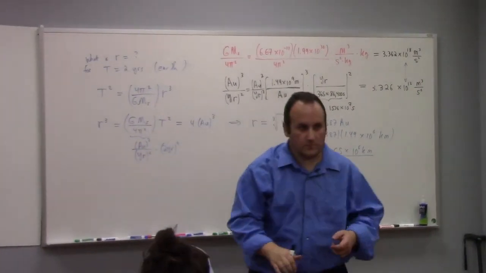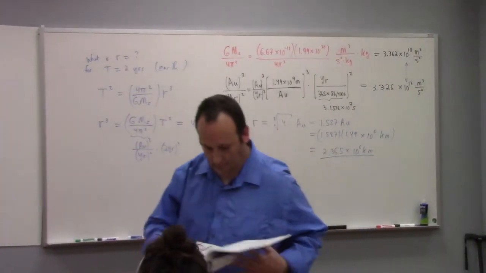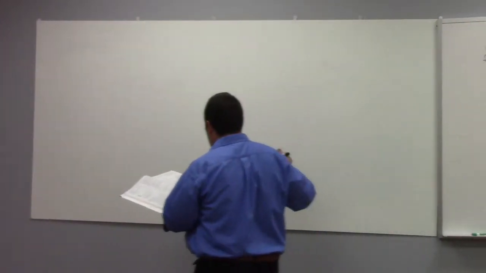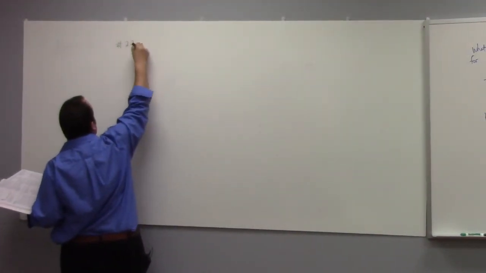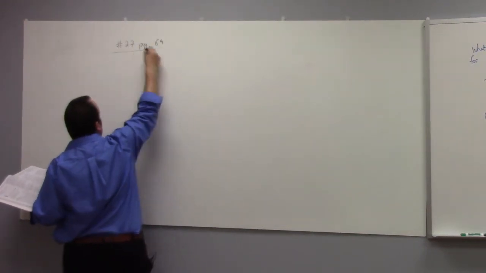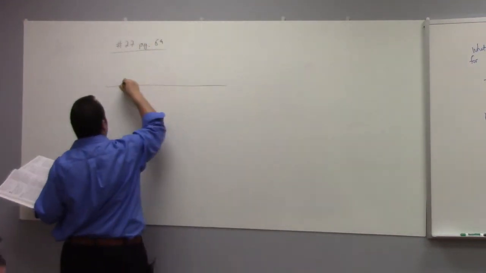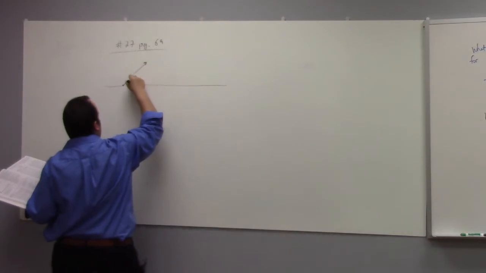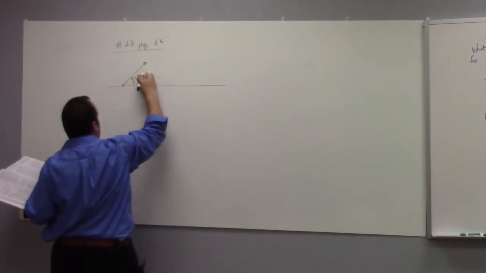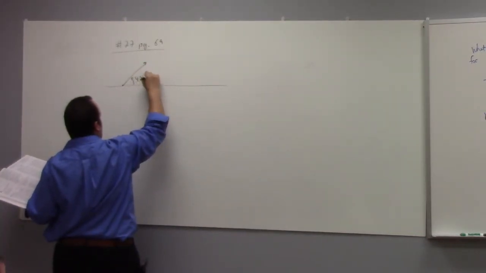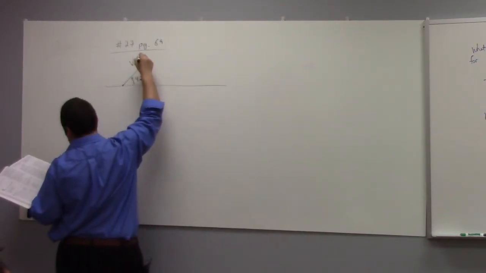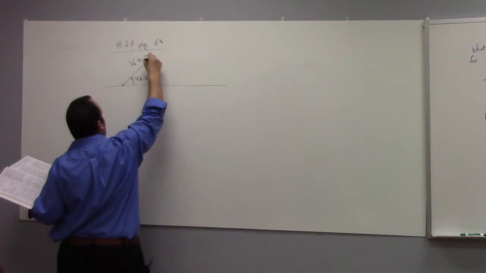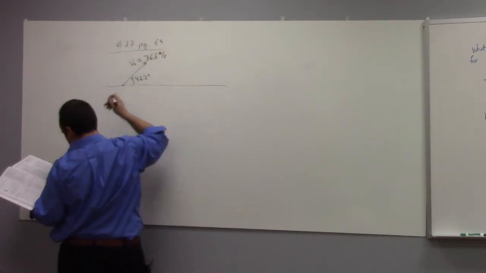All right, so let's work it out here. Again, this is number 27 from page 69. Here's the deal. You've got an initial angle of 42.2 degrees, and you're given the initial speed is 36.6 meters per second.